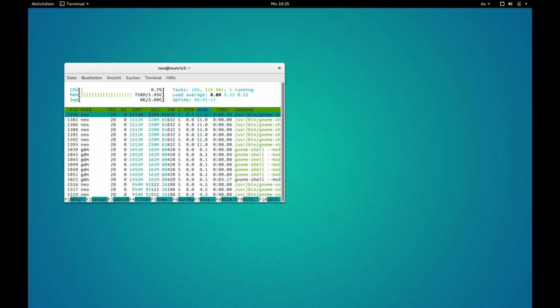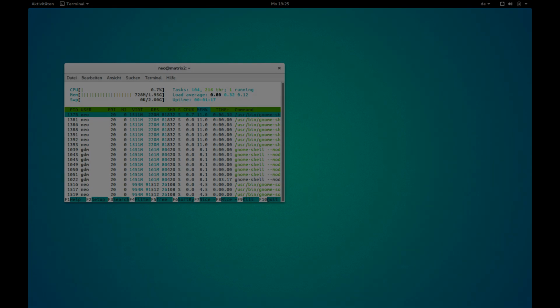The Gnome shell is well known as resource-hungry. Fedora and Manjaro need around 50 megabytes less than Ubuntu Gnome. The most lightweight Gnome shell distribution I know is Debian Jessie with around 450 megabytes.